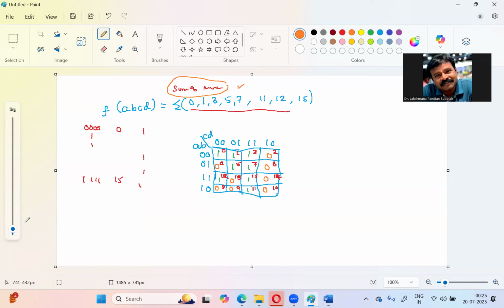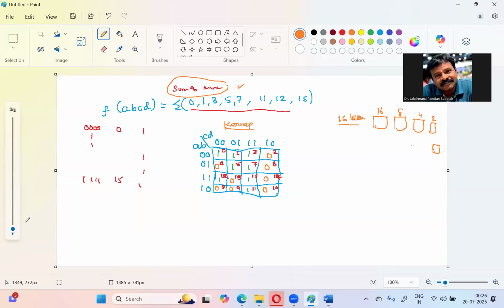Now what we are going to do using the Karnaugh map is combine the ones. There are 16 cells in total, so we can have a combination of 16, or 8, or 4, or 2 ones, otherwise a single one.